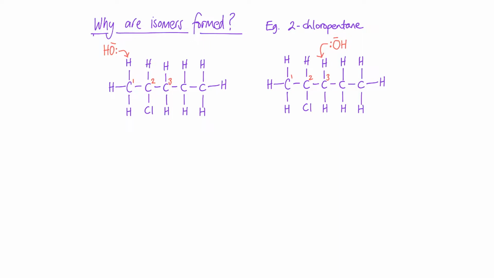Sometimes this isn't going to give us isomers because sometimes we're going to have symmetry such that it won't make any difference. But in this case, where we have 2-chloropentane, we are going to get isomers. So let's look at what the next steps are within the mechanism. Put the rest of our curly arrows on. You could pause your video here and do two for yourself. Come up with the two products and name those products.